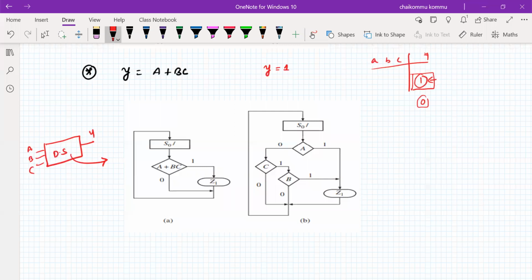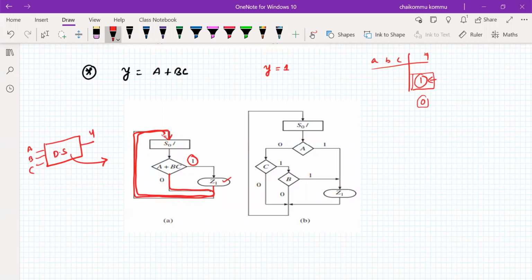If you want to check this evaluation, this is equal to 1 if this expression is true. Therefore, it will produce the output equal to 1 and go back to the initial stage. For example, if this expression is false, then it won't produce the output signal as logic 1. It produces the logic 0 output and again goes back to the initial stage.